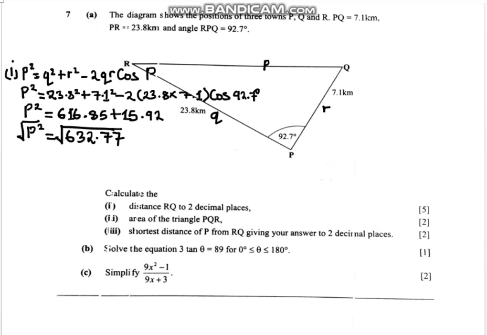Applying square root on both sides, the square and the square root simplify, giving us p is equal to the square root of 632.77, which is 25.1549191, and rounding this off to 2 decimal places, this gives 25.15, and this is in kilometers.